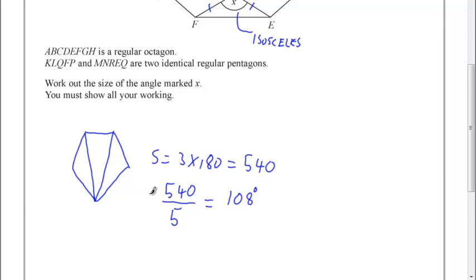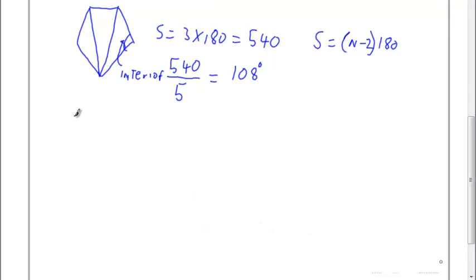Okay, that's the interior. We can do now the formula, I said I was going to tell you the formula. The formula actually is S equals, we can see from that, we had 3 triangles, which is the number of sides minus 2. And now we'll find the interior angle for the octagon.